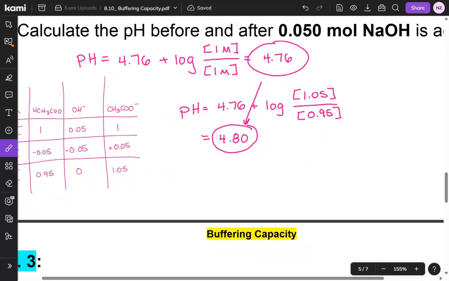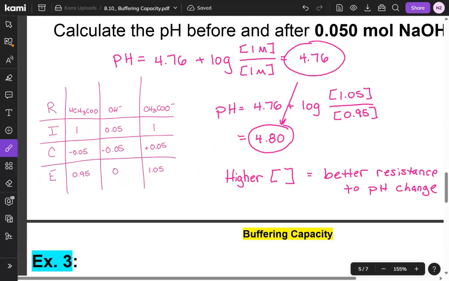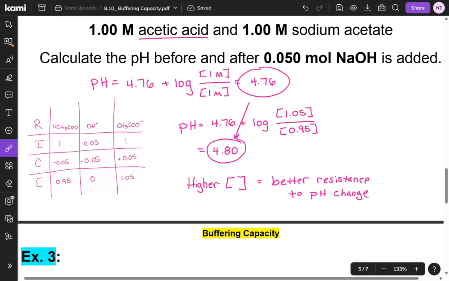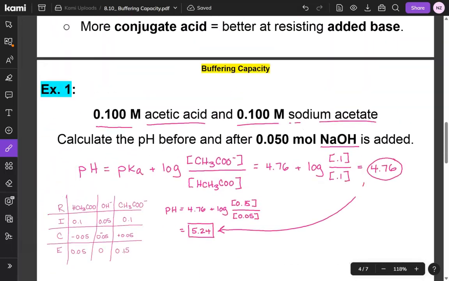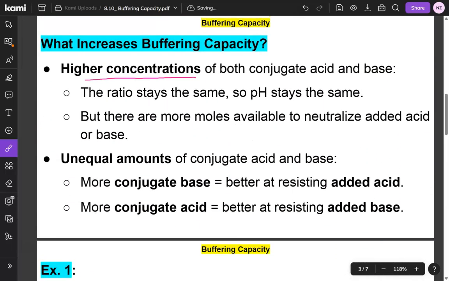So what we can say here is higher concentration is better resistance. Okay, so that was the first way we can increase our buffer capacity. Okay, so the first way was to increase the concentration.